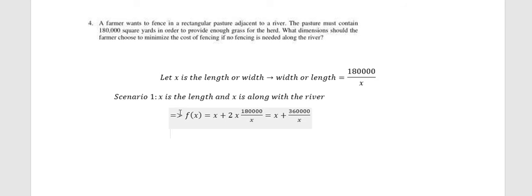Now we take the first derivative, and we get 1 minus 360,000 over S power 2, and we set the first derivative equal to 0.